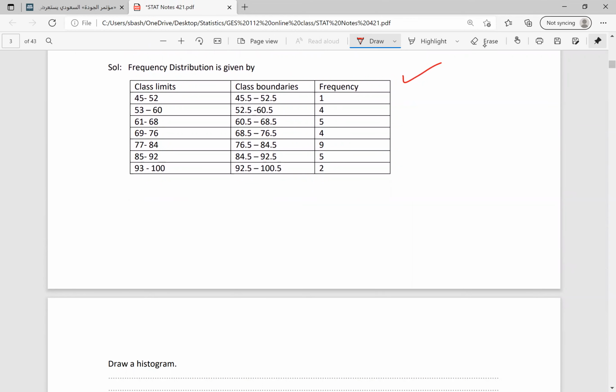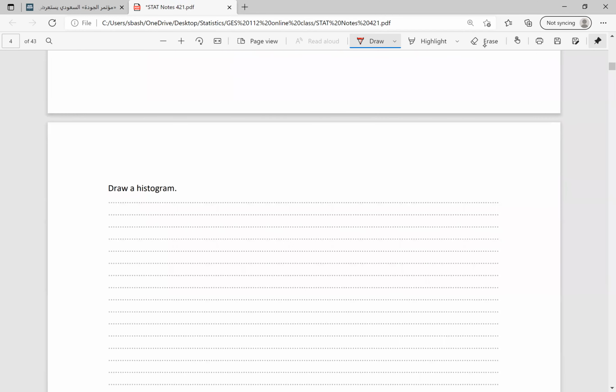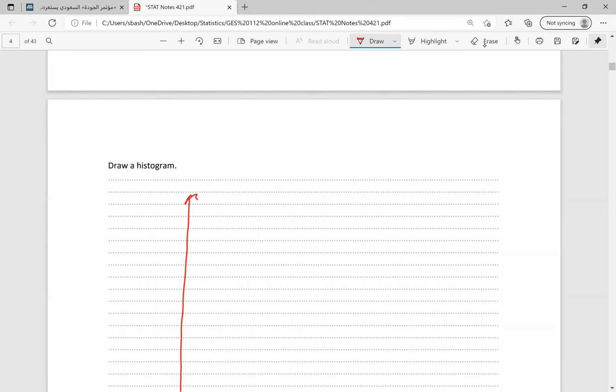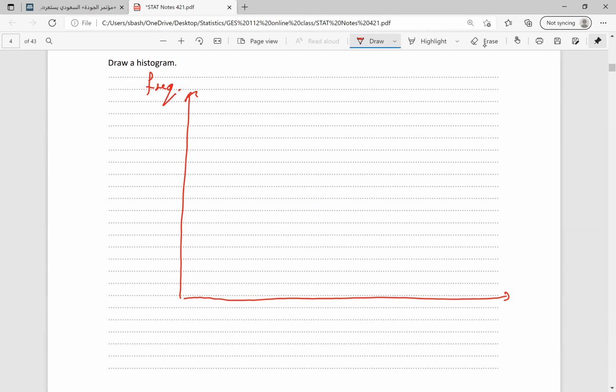The histogram is a graph that has an x-axis and a y-axis, a vertical axis and a horizontal axis. On the vertical one, we set the frequencies. The horizontal one will be the classes.